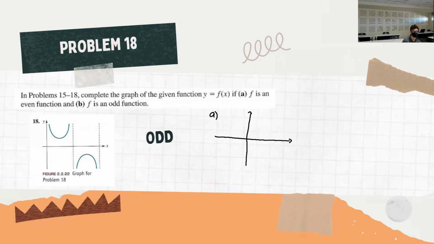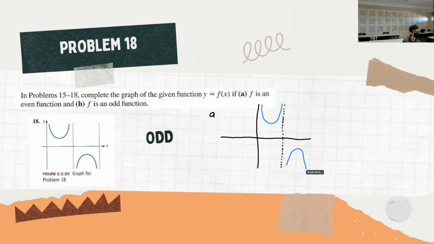So actually, let me do this again. So let's do A first. The original function is the one I'm going to draw in blue. And it goes something like this, like this.